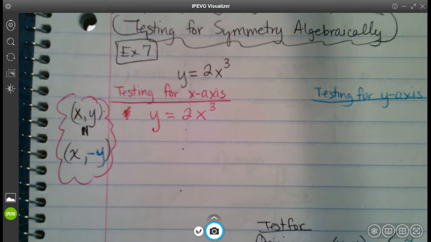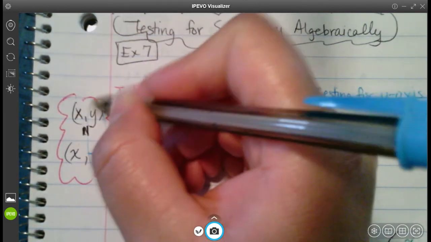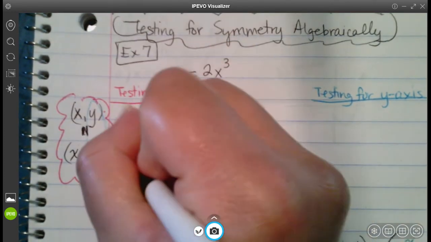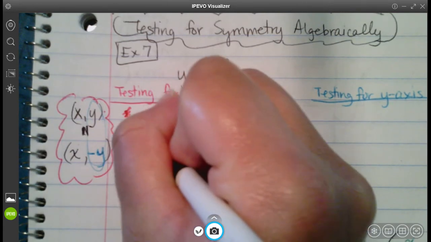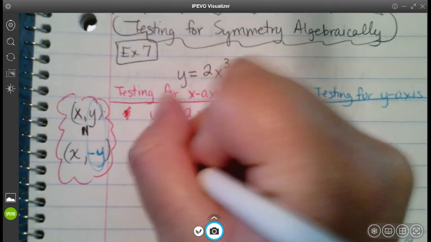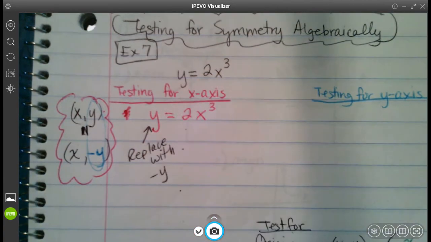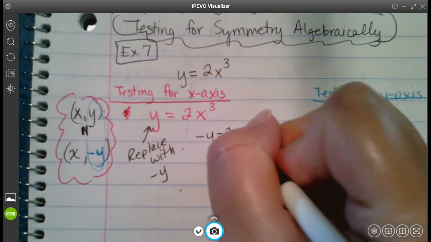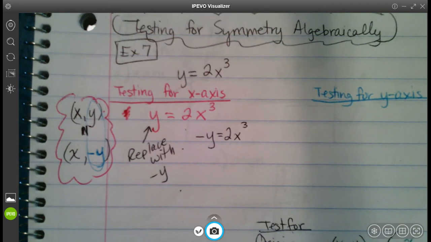Since these two are the ones that are supposed to be the same, I'm going to replace y. So I'm going to replace this y with negative y. So my new function is going to be negative y equals 2x cubed.